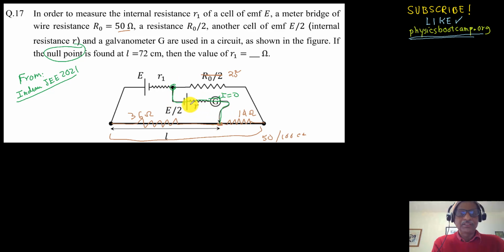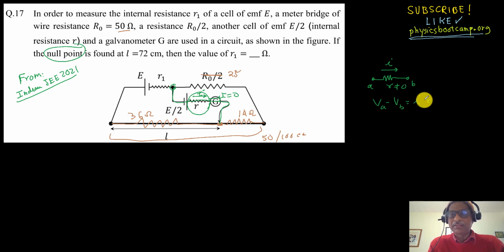And if there was a current, say I here, then by Ohm's law, if you have some resistance R0 and there's some current I, and this is say A and this is B, then VA minus VB equals I times R. Then if I is 0 and R is not 0, that means VA minus VB will have to be 0.